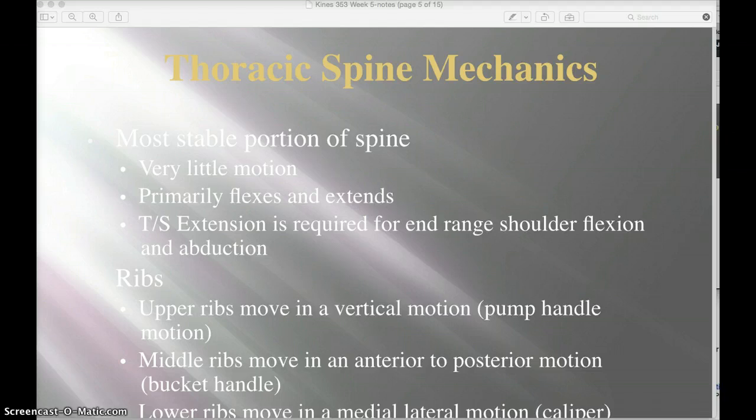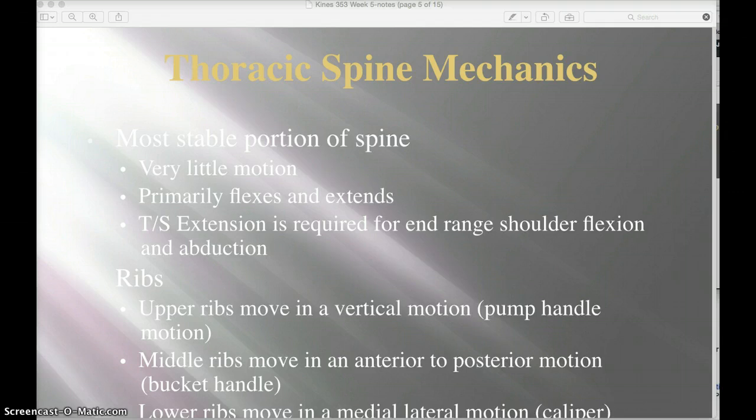So rotating your head or side flexing is going to be affected. So every time you think about having low back pain or neck pain, a lot of times the thoracic spine is not usually brought up, and sometimes it could be a part of the problem.